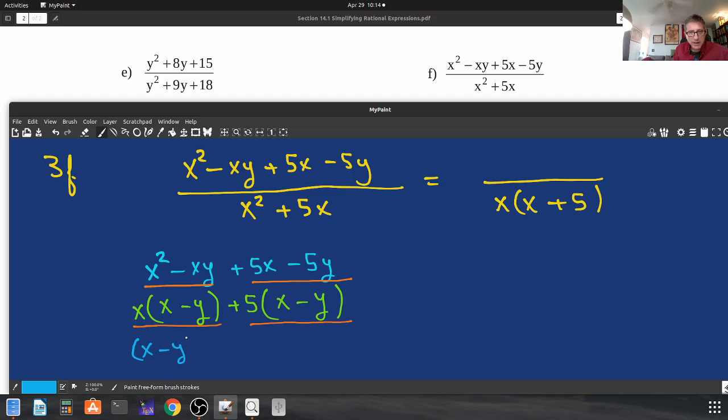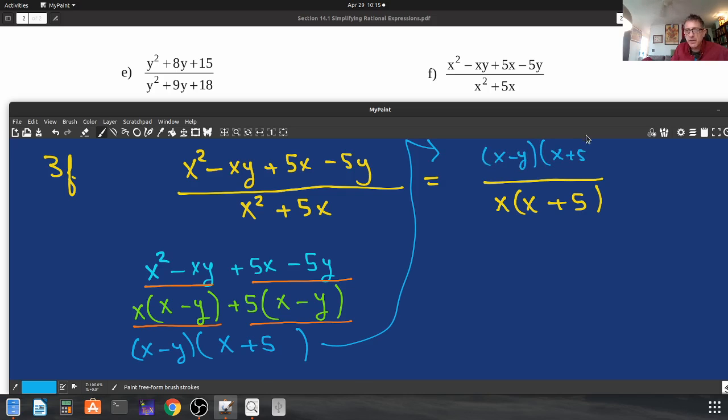So I'll bring it out, and now I just find out what remains. So x times x minus y divided by x minus y is x. 5 times x minus y divided by x minus y is 5. And this is what goes in my numerator: x minus y times x plus 5.